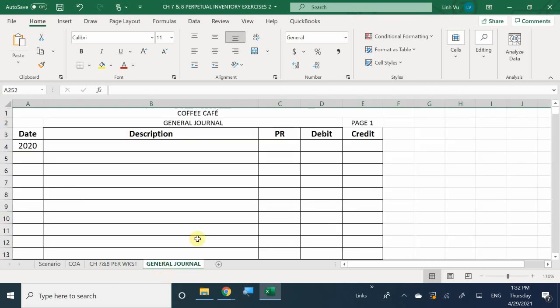And last but not least, here is your general journal, okay? Once again, this is just a snippet of, this is probably like one quarter, one eighth of the work that you're going to be actually doing in the fictitious business. So this is only looking at one aspect, which is just the inventory part.